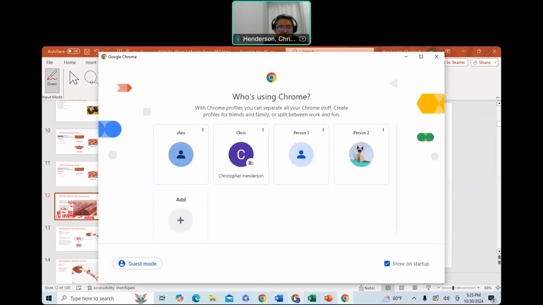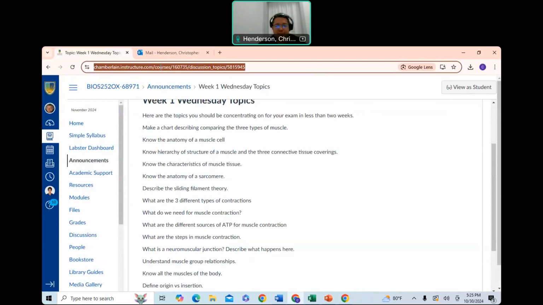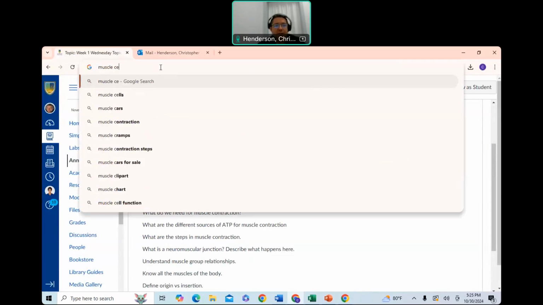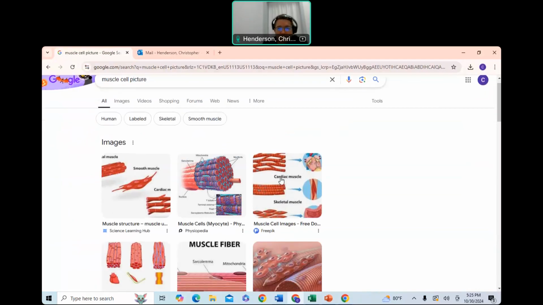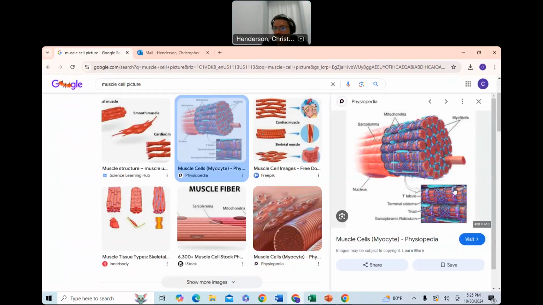Okay, so make sure that you can look at a picture of a muscle cell. We can see over here, you've got the sarcolemma, you've got the myofibrils.